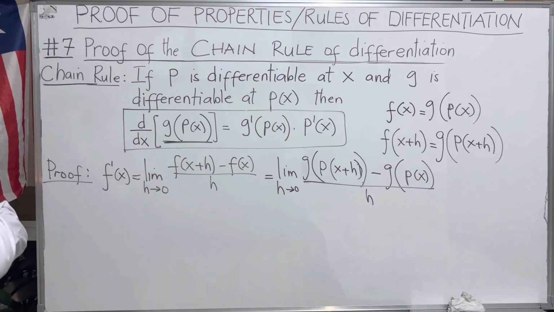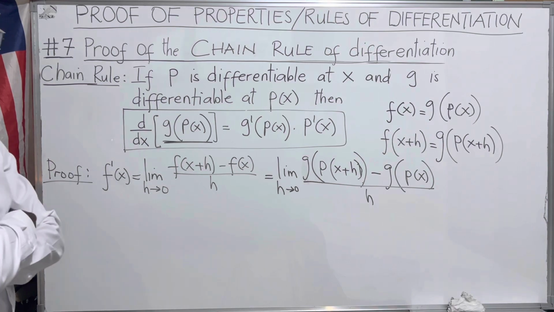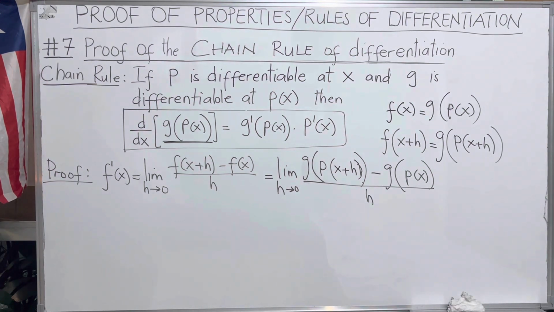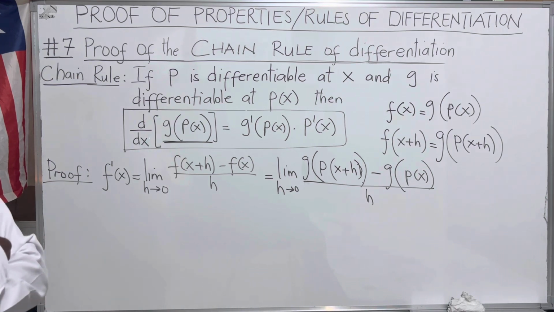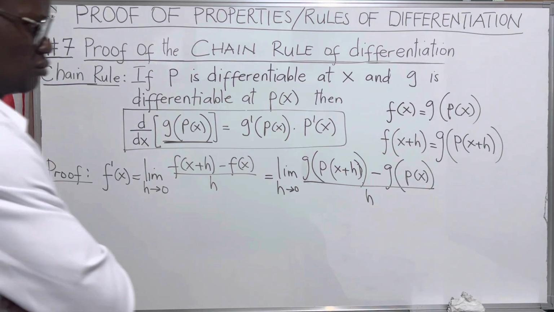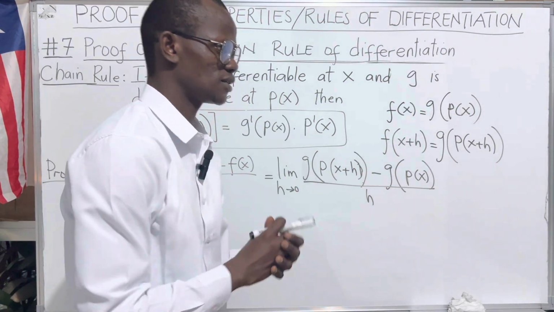Now let's look at, similar to the proof we had for, was it the product? The product rule. So we can apply a similar proof in this problem. That is to say, we must attach some other factors to it.